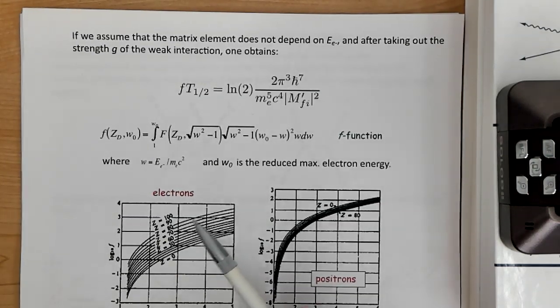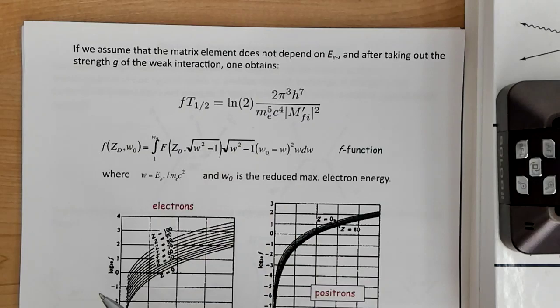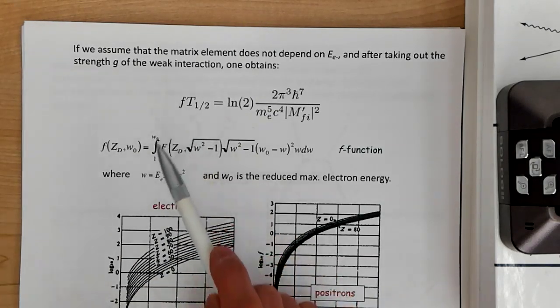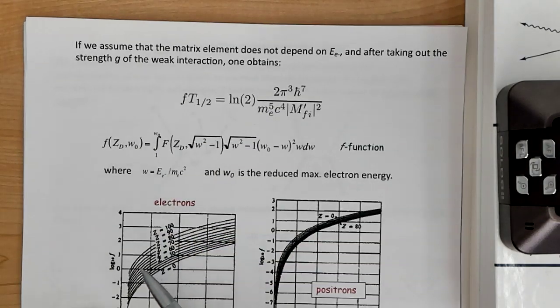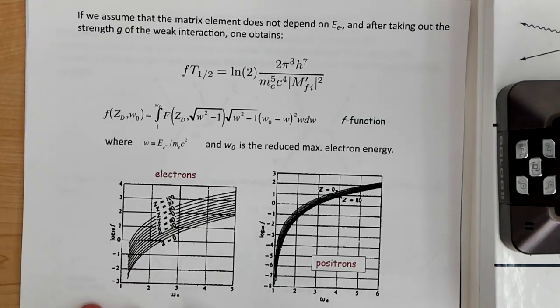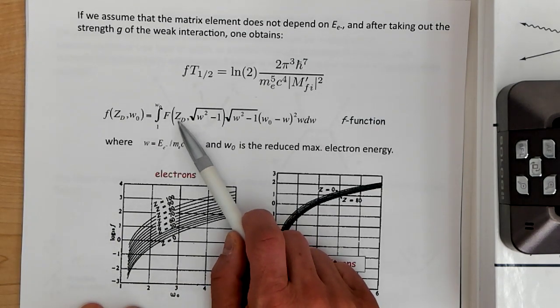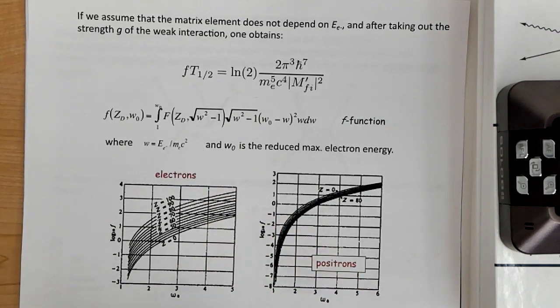So here's what this F constant, or this F value, looks like versus W0. Okay, and you see this is actually the logarithm of F for different values of Z. So Z is the charge of the daughter nucleus.